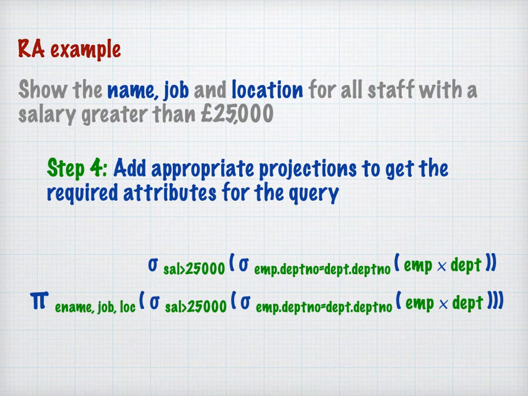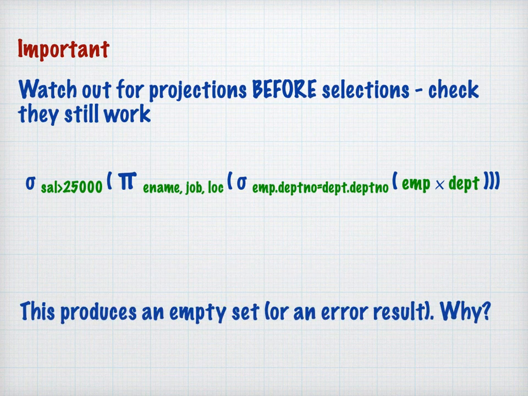Now, it's important that when you follow those steps, you do them in that sequence. Do the Cartesian product, turn it into a join, do the selection and then the projection. It is important to do the selections before the projections and not the other way round. Have a look at this. If you start from the right hand side, you can see we've combined the tables together and turned that Cartesian product into an inner join.